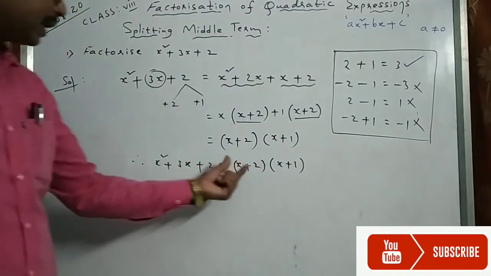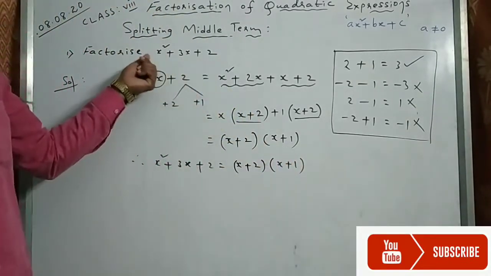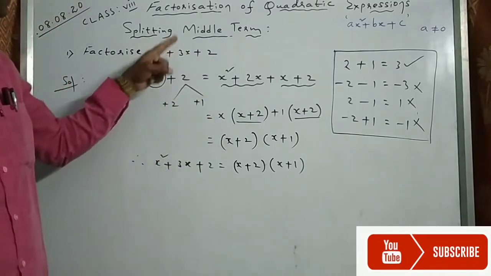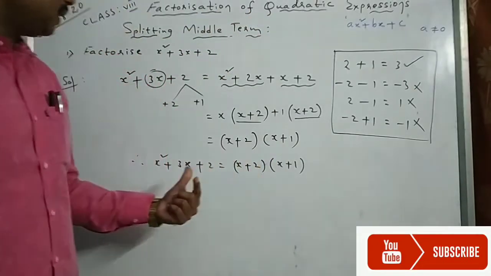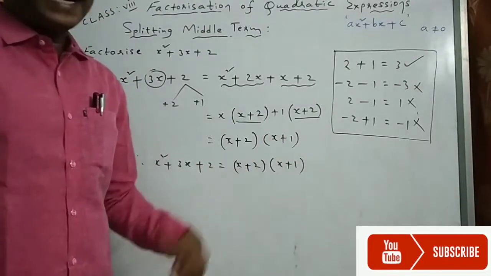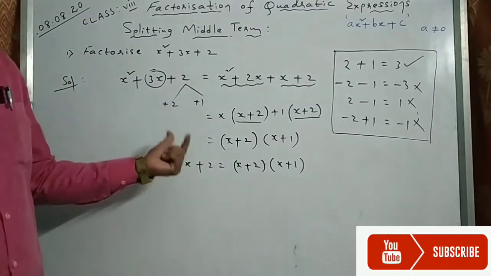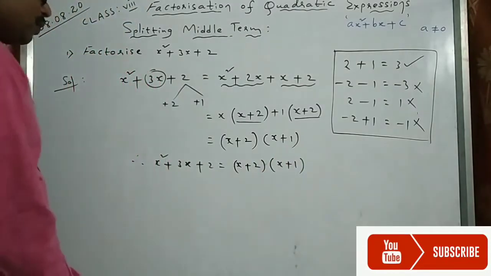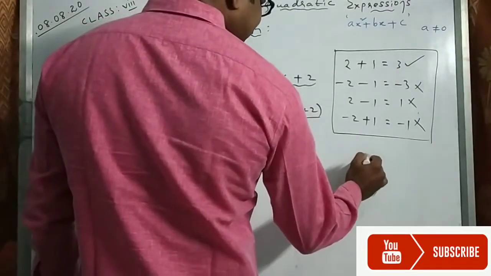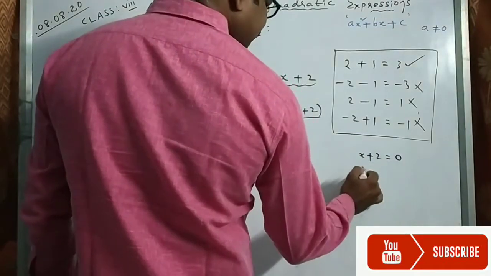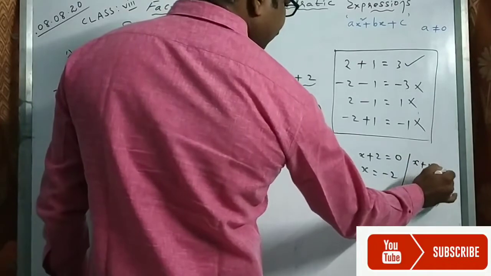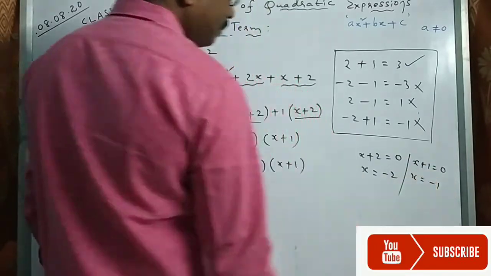So these two are the factors of x square plus 3x plus 2. Since it is a quadratic expression, we have 2 factors. For every quadratic expression, 2 factors will be there. Suppose if I make these factors equal to 0, then what will you get? x equal to minus 2. x plus 1 equal to 0, x equal to minus 1.